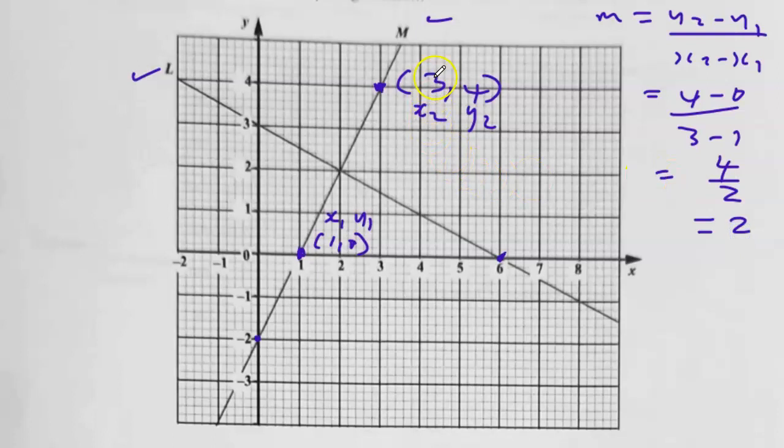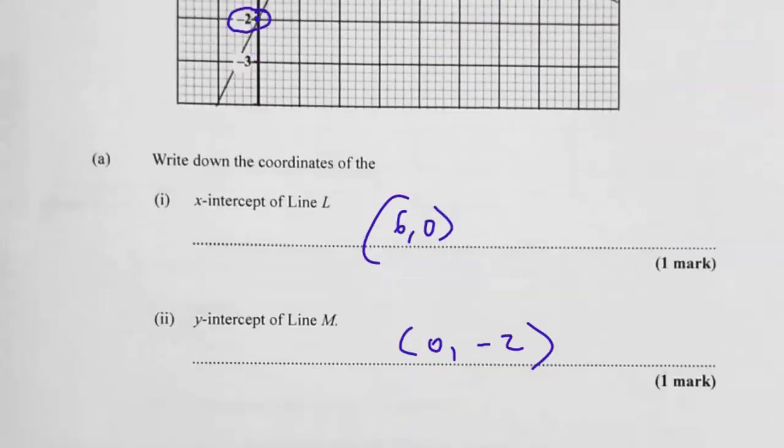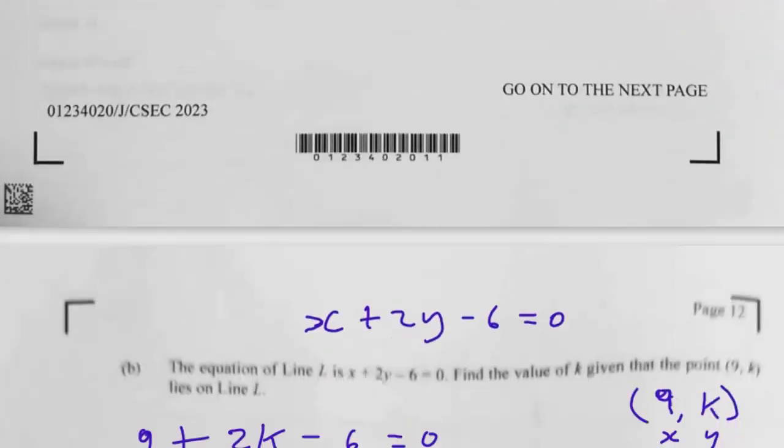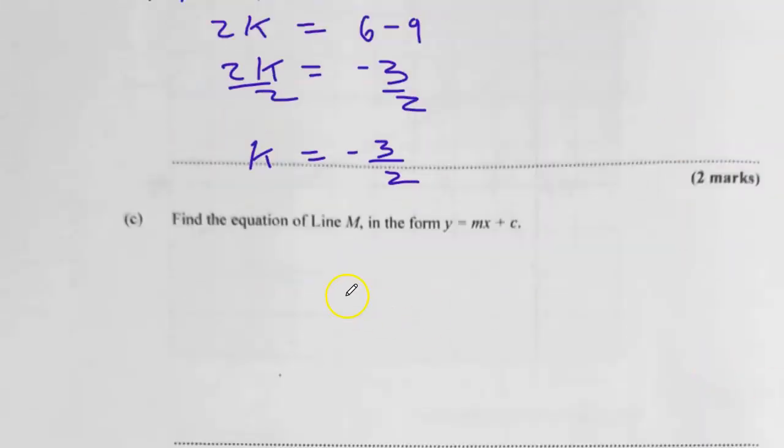So the gradient of the line M is 2, and the line cuts the y-axis at -2. That's the c value. Remember, c represents the y-intercept. So in y = mx + c, m is 2, and the constant is where the line cuts the y-axis, which is -2.